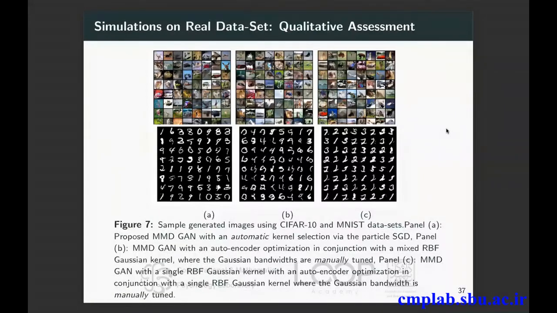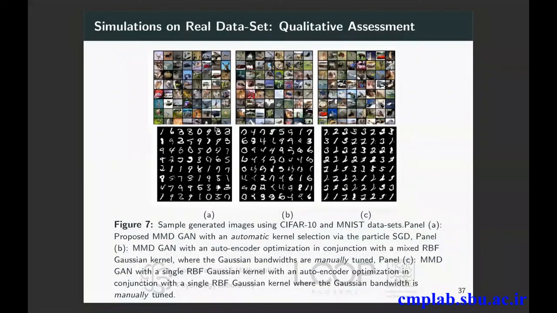Yeah, so this is the performance of kernel learning for generative modeling. These are images produced by MMD GANs. In plot A, I'm using the kernel optimization approach. In plots B and C, I'm tuning the parameter of a Gaussian kernel over some validation data sets.